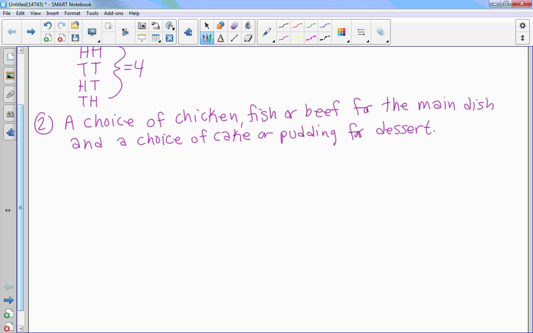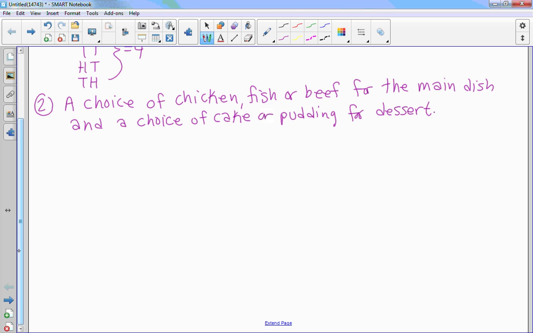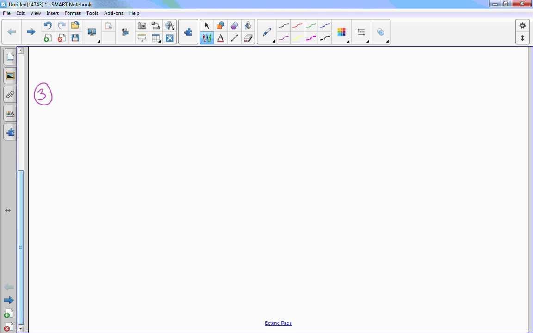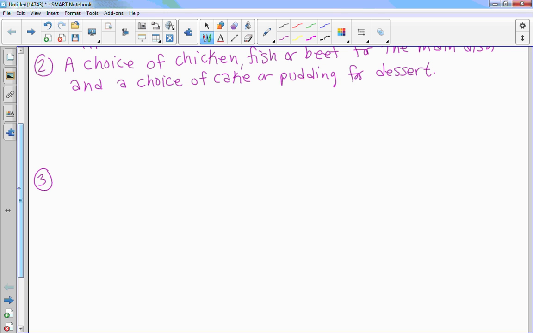Skip 3 lines and write down our third scenario. And then I will assign you one of them to do. So skip 3 lines and write down this one.